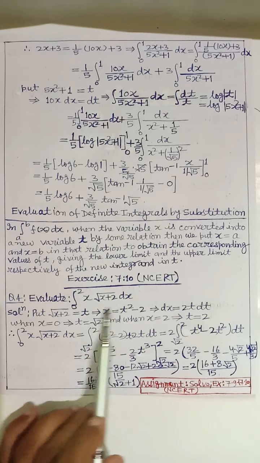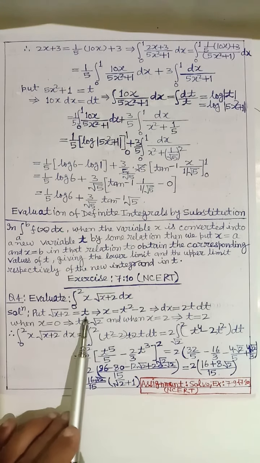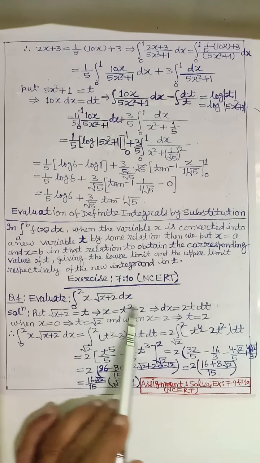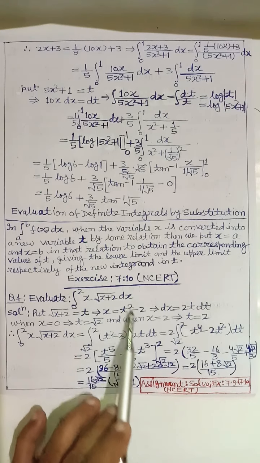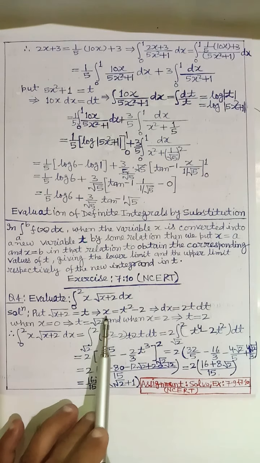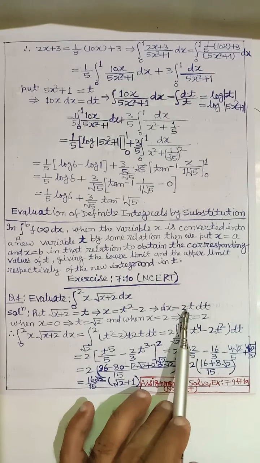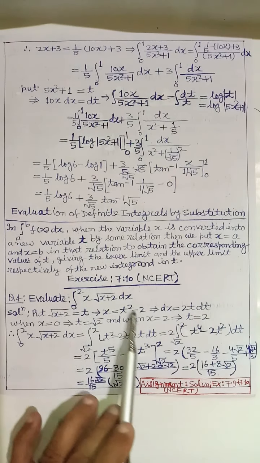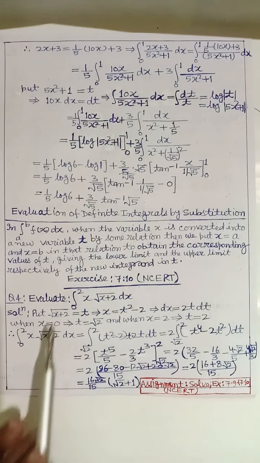So dear students, first we put square root of (x plus 2) equal to t, and here, squaring on both sides, we get x equal to t square minus 2, and if we differentiate this with respect to x, we get dx equal to 2t dt, and correspondingly the limits will also be changed.